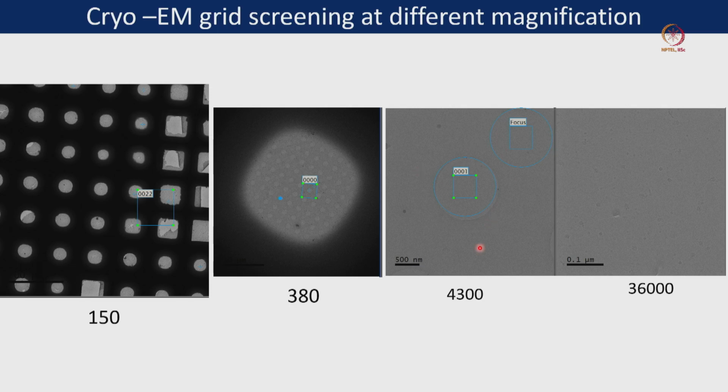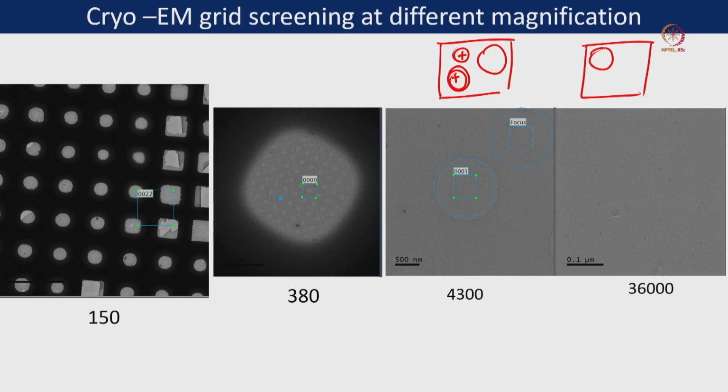Now at this particular stage, if this is one of the holes and this is another hole, we are targeting this particular area and doing the focusing here. So we are trying to keep the focus in between all the holes.